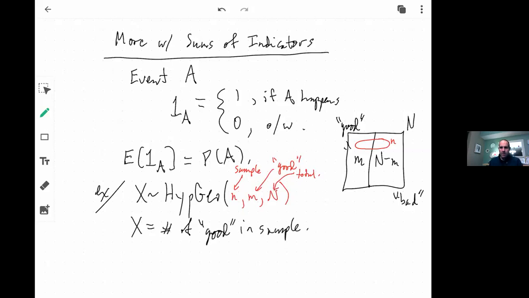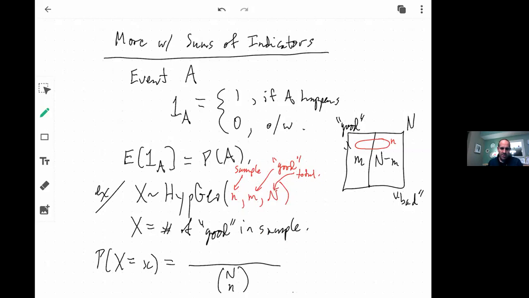We talked about this before, but what is the probability that capital X is equal to little x? First of all, what range of values can little x be in? We'll talk about that in just a minute. But essentially, remember the denominator was just, I have a total of capital N things, and I'm selecting little n of them.